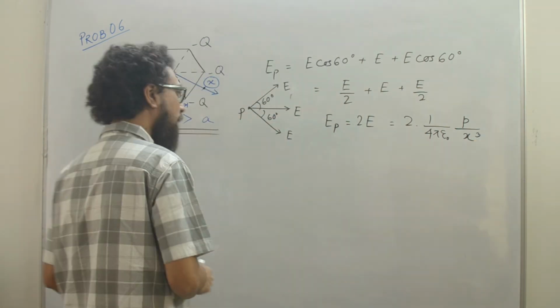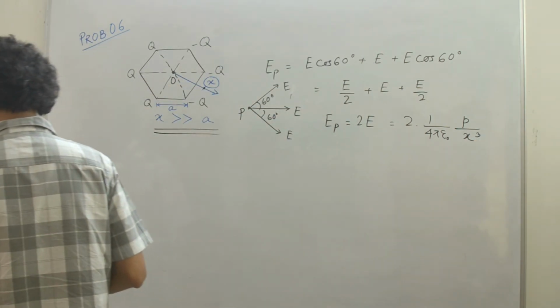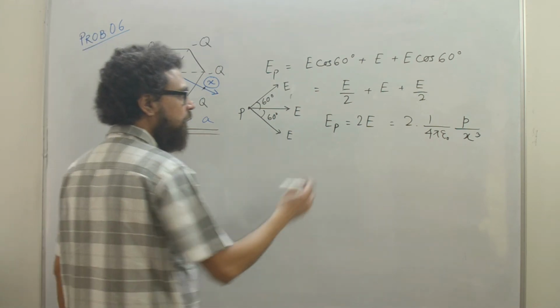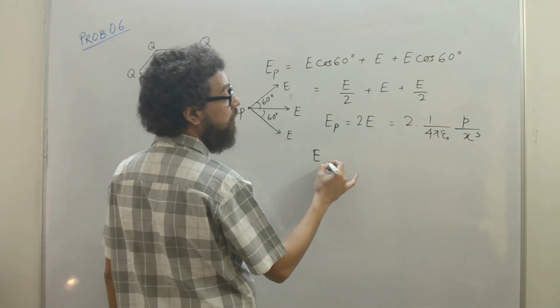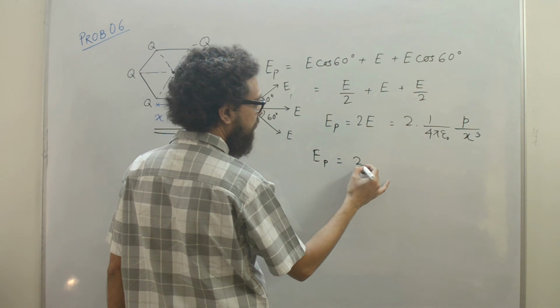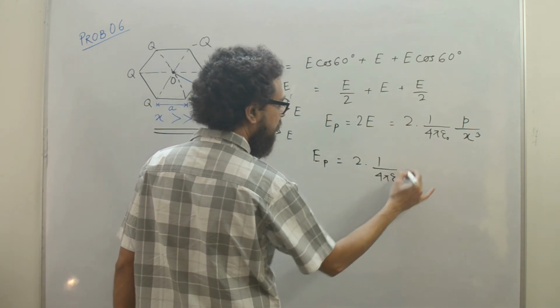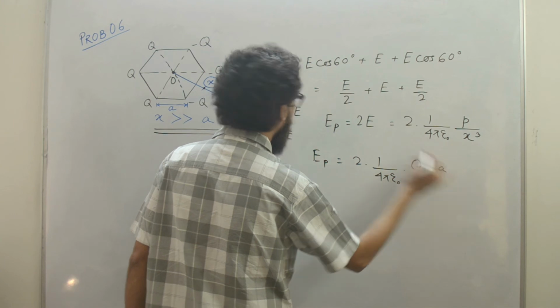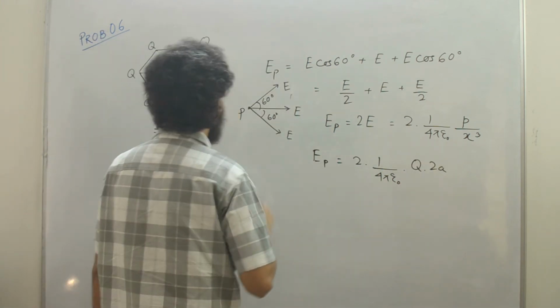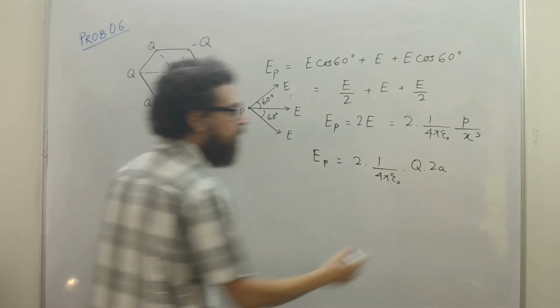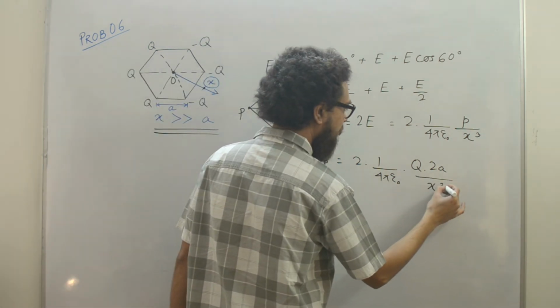P is the dipole moment here. So what is the dipole moment here? Dipole moment here is, so final answer we are going to write 1 by 4 pi epsilon naught q into 2a, this distance, you know this is 2a from hexagonal properties, okay, by x cube.